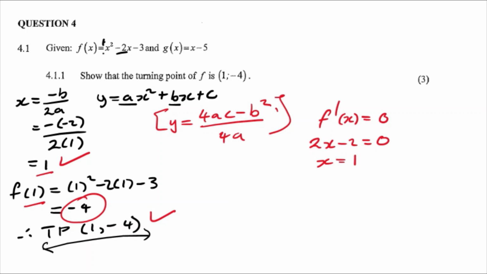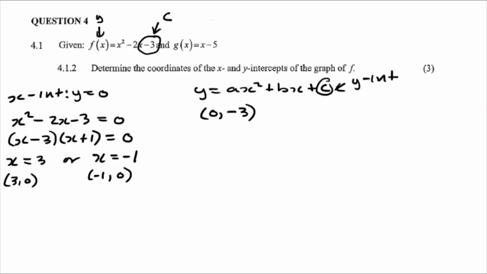So very simple there. Your 3 marks are, so your second mark is for substituting into the y value of the turning point. So now if we're going to find the x and the y intercept, so x intercept, very easy.